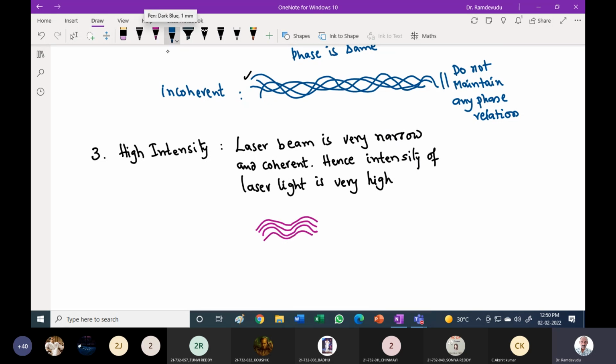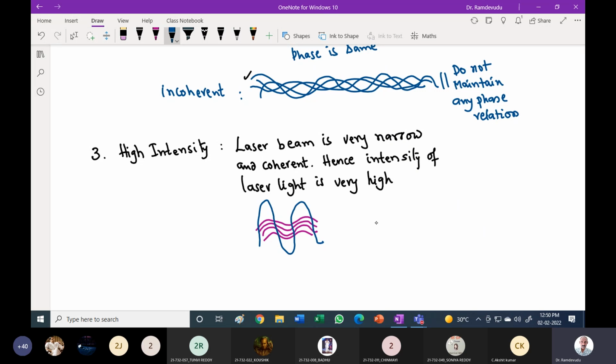Then if I want to draw the resultant one, all these add together, and therefore the resultant intensity will go up to maximum here and maximum here. Therefore, very high intensity. Because of high intensity, it gives you a lot of energy focused in a small area, and hence it is dangerous for our eye, and our eye will get damaged.